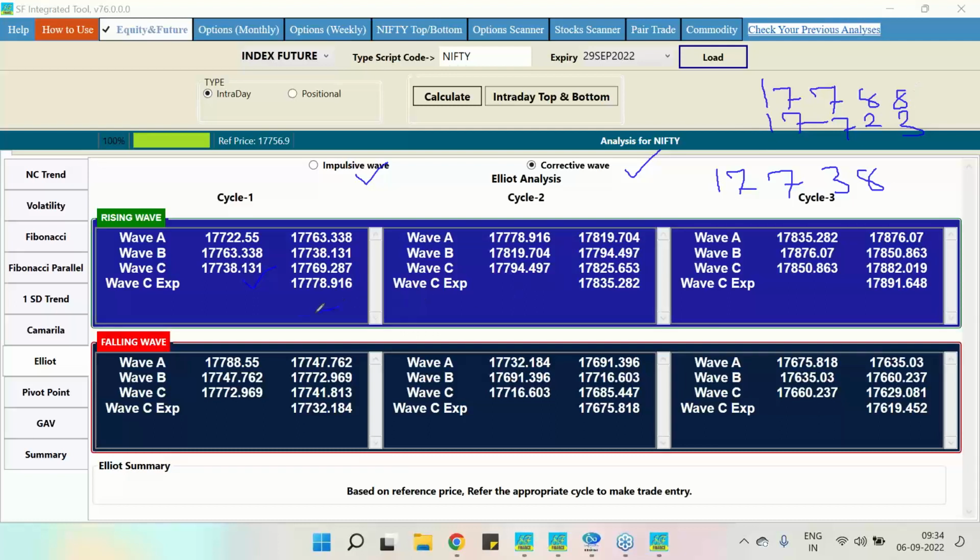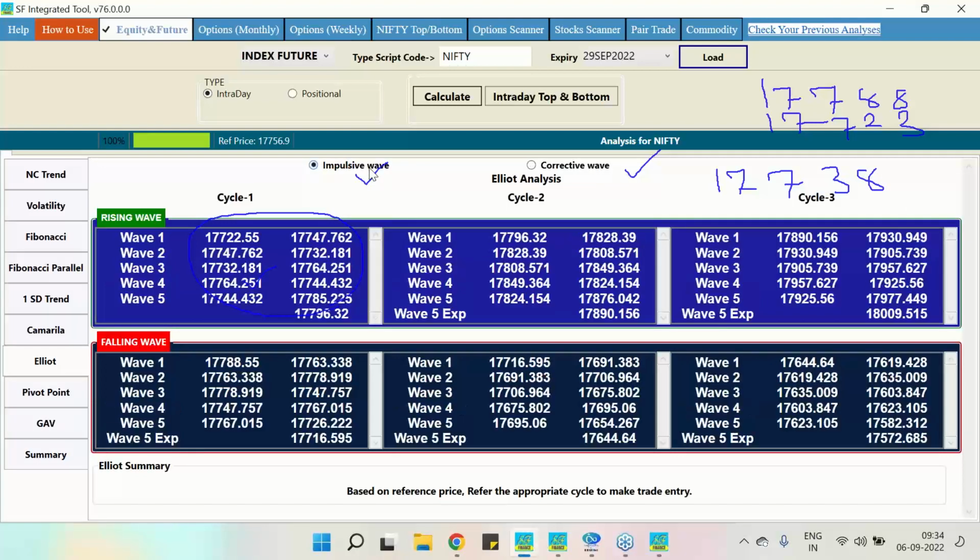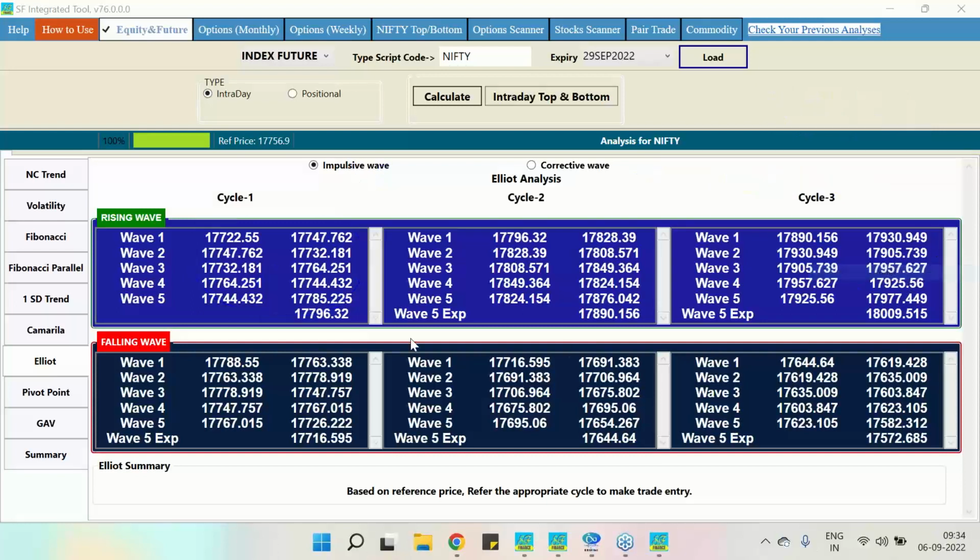So that means cycle 1, this corrective wave, seems to be completed. Now I will go to the impulsive pattern. The impulsive pattern says it has a chance till 17,796.